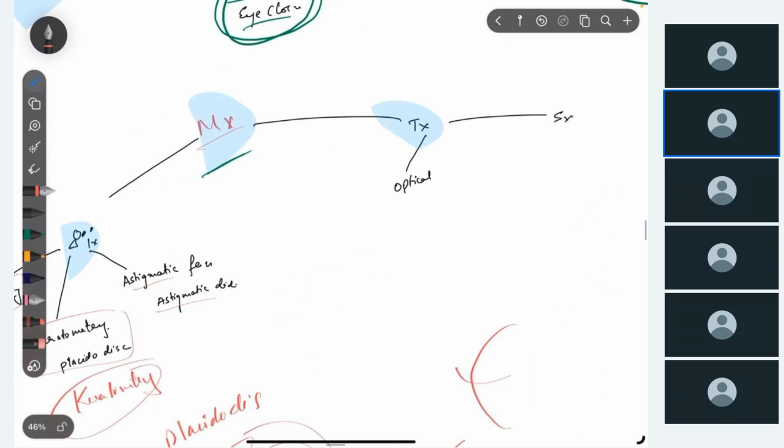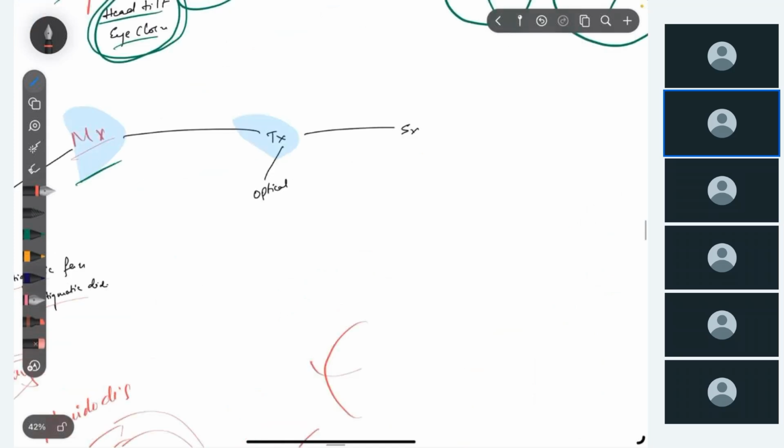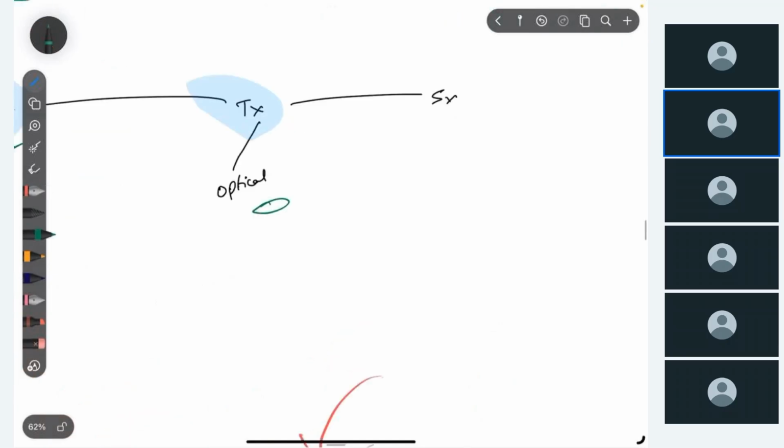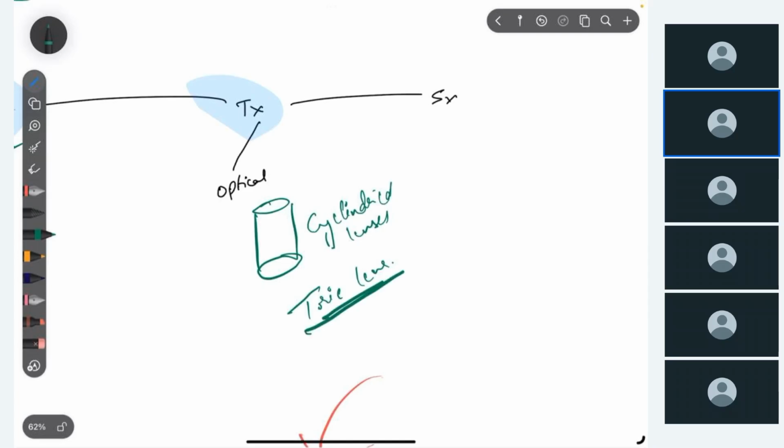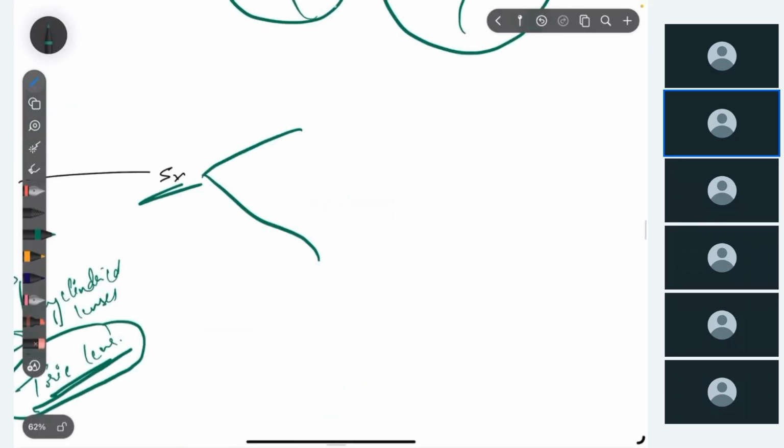Now, the treatment. Again, the treatment is optical and surgical. Optical, you use lenses: cylindrical lenses. These cylindrical lenses are called toric lenses. You can use spectacle lens or contact lens. In surgical correction, whatever the defect is, you need to correct it.